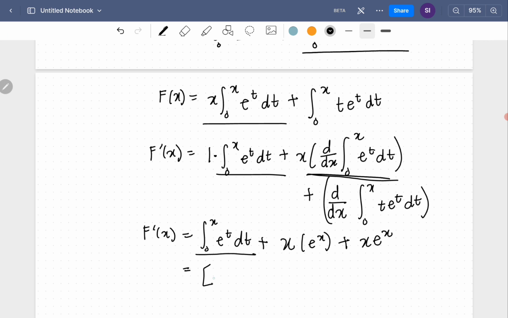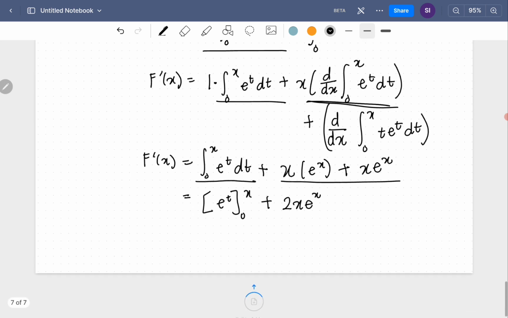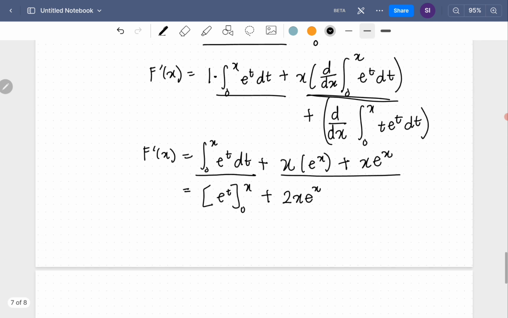The antiderivative of e to the power of t is simply e to the power of t, from 0 to x. This is equal to 2x e to the power of x. Now let's just simplify this. We get e to the power of x minus e to the power of 0 plus 2x e to the power of x.